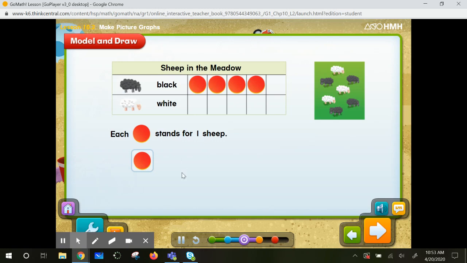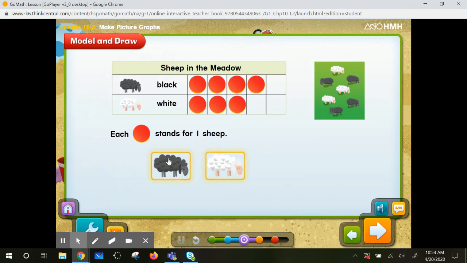Next, drag counters to the bottom row to show how many white sheep there are. Great job! There are 3 white sheep. Are there more black sheep or white sheep in the picture? Right, there are more black sheep in the picture. 4 is greater than 3.